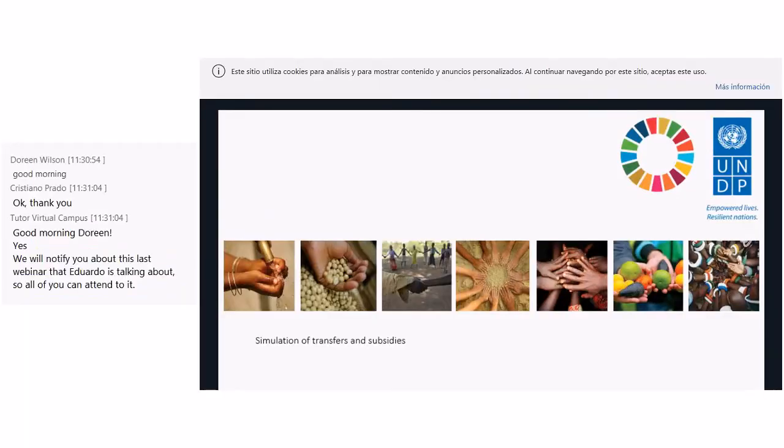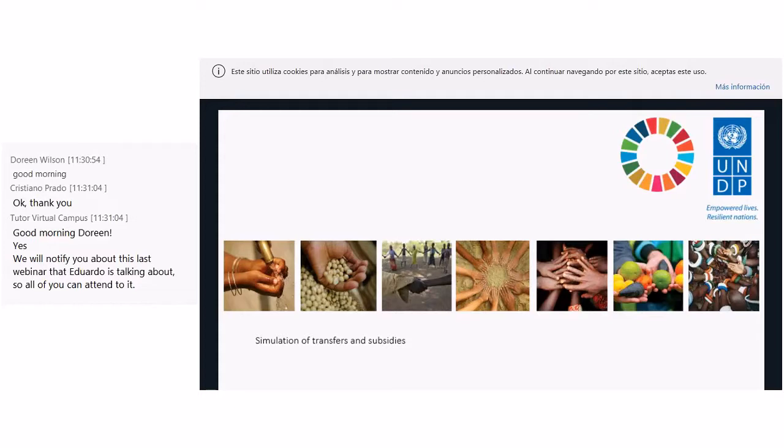For today, we will have an overview of the other side of the microsimulation exercise, which is social expenditure and subsidies, all the fiscal interventions that go from the government to the households, right?